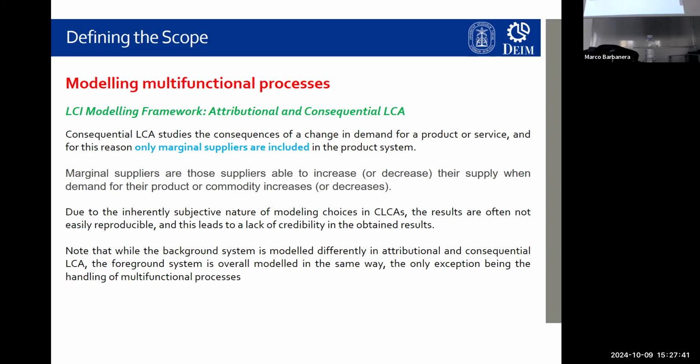In the other case, in the attributional LCA study, instead, we include all suppliers, old and new technologies, okay? So this is the difference. But I repeat, for us, the attributional study is the most used approach.